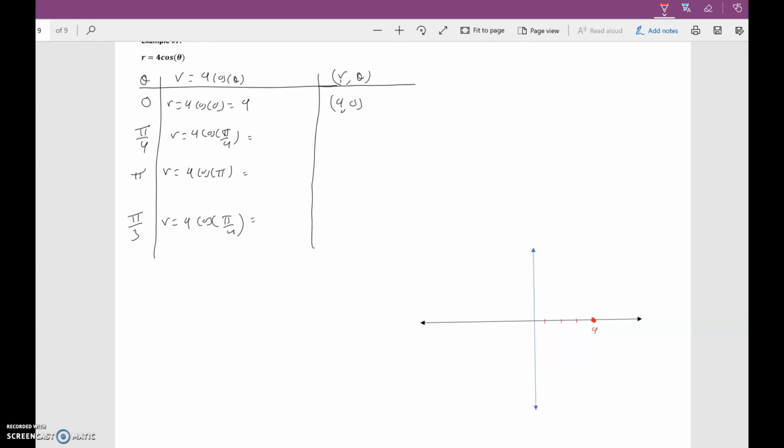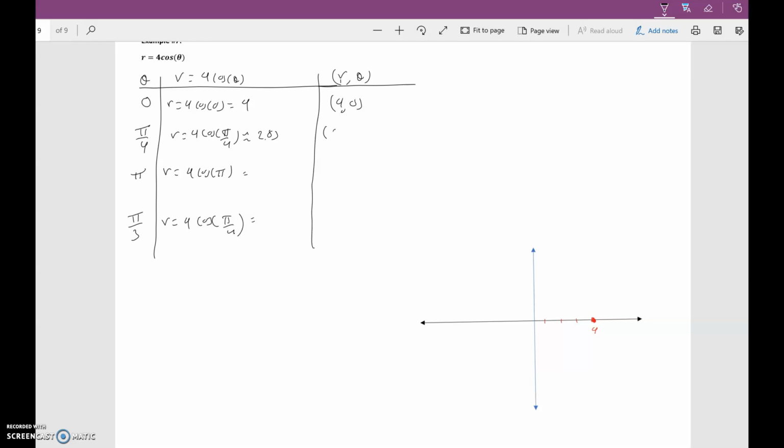The second coordinate point, actually, let me just do the pi over 4, is fine. Okay, so for the cosine of pi over 4, and obtaining this as a decimal approximation so that I can fit it in here, I'm obtaining that it's approximately 2.83.